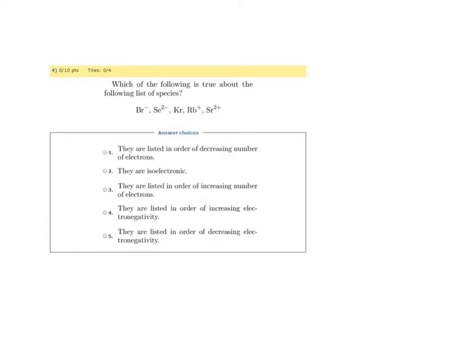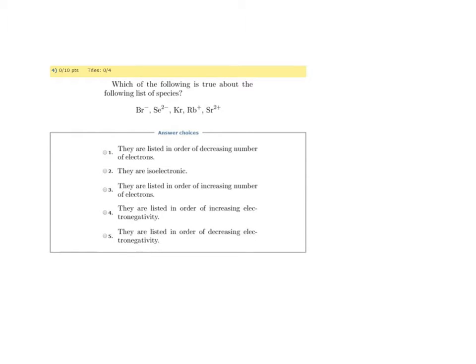Okay, which of the following is true about these ions and the one neutral atom? Well, if you look at these on the periodic table, hopefully it quickly becomes apparent that they are all essentially in a row, starting with selenium at number 34, then bromine, krypton, rubidium, strontium.